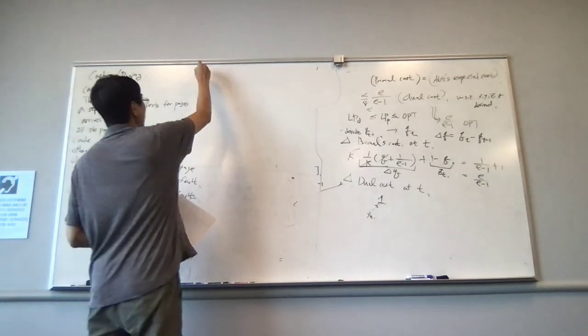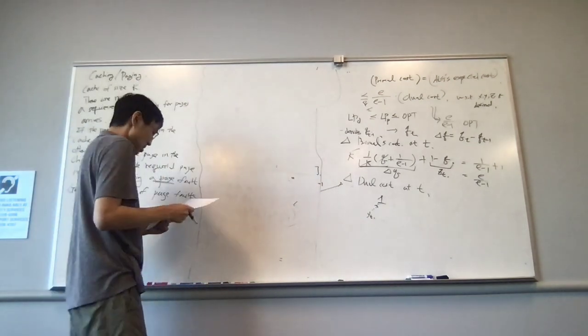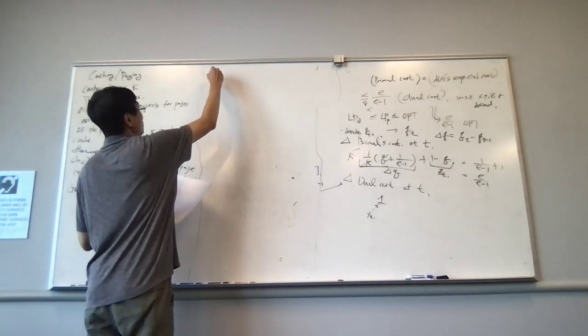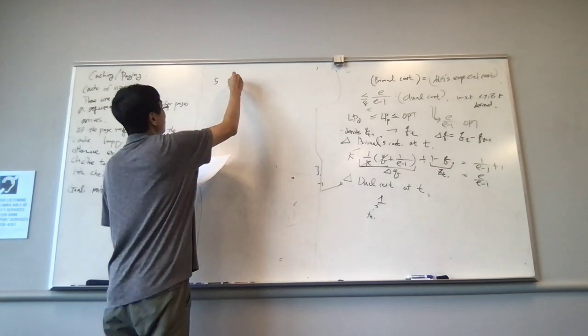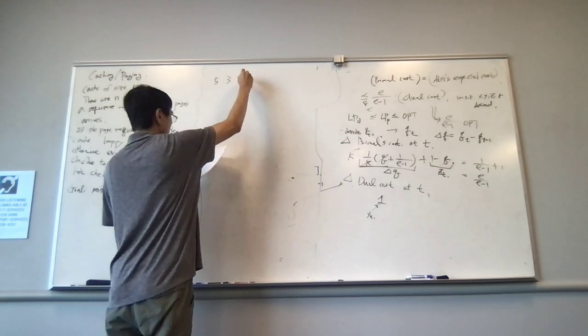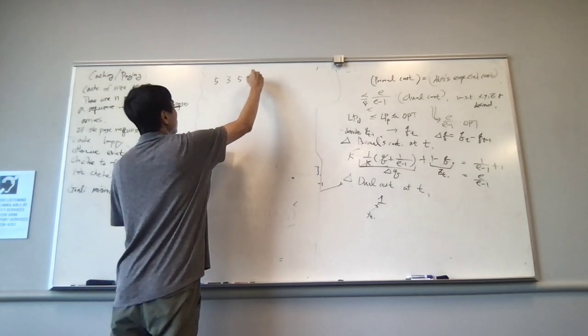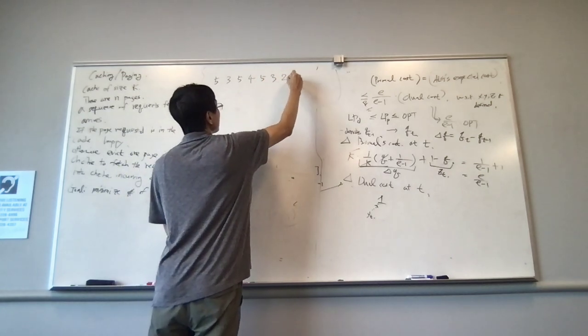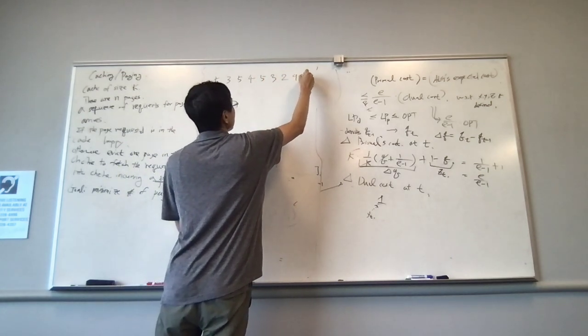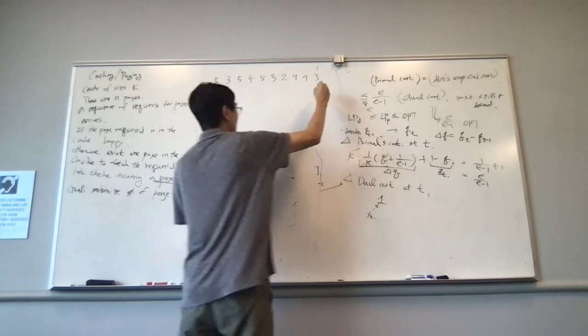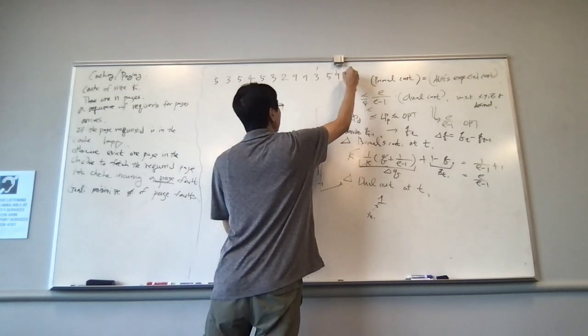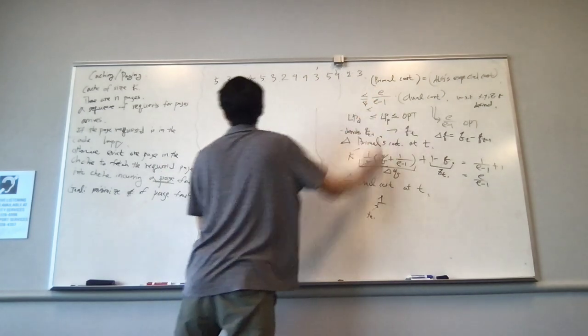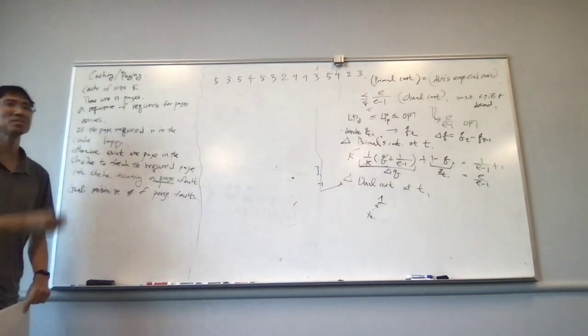So let me give an example. Because I'm going to use this example later, I'm going to put this clearly: 5, 3, 5, 4, 5, 3, 2, 9, 9, 3, 5, 9, 2, 3. It's a sequence.